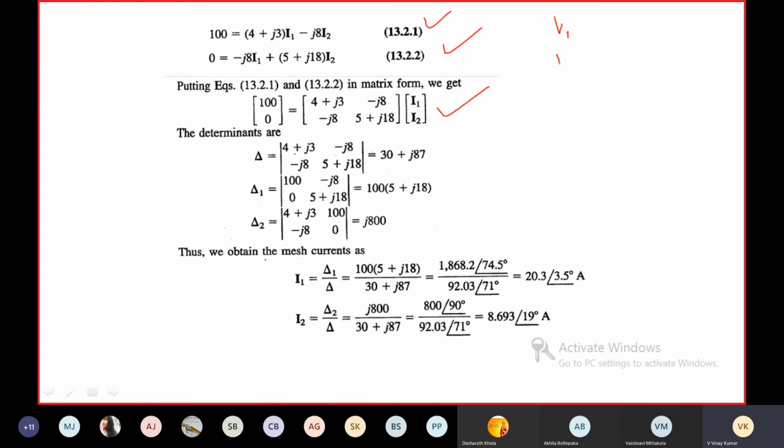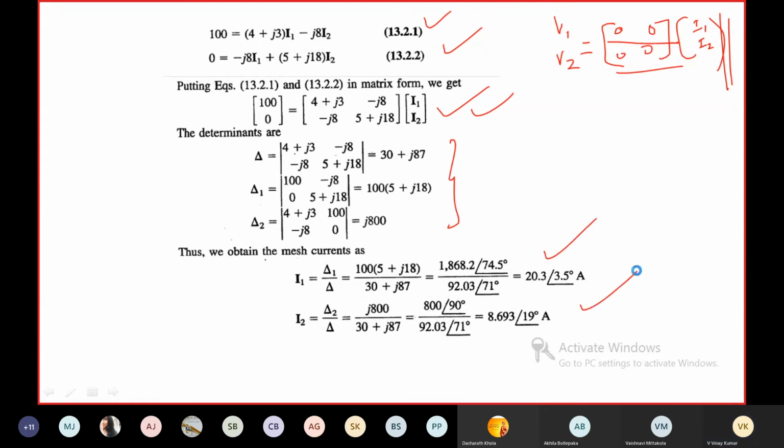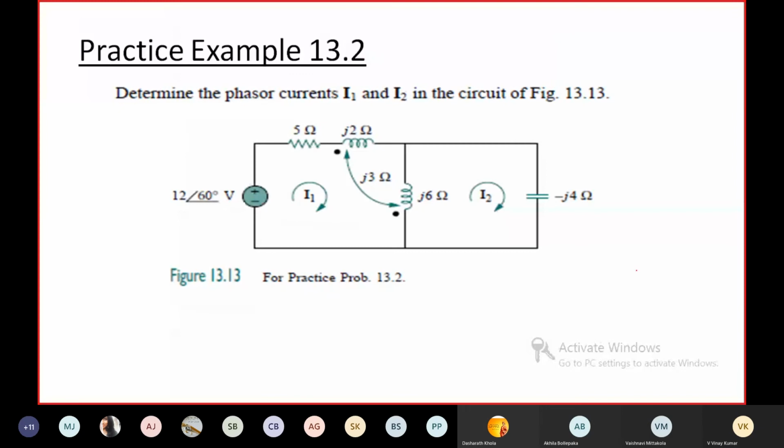V1, V2 is equal to the matrix of impedances times I1, I2. V1 is equal to this row into this column, and V2 is equal to this row into this column. Likewise, you can have the matrix formation like this. By using Cramer's rule, you can find I1 and I2. You can solve this on your own.